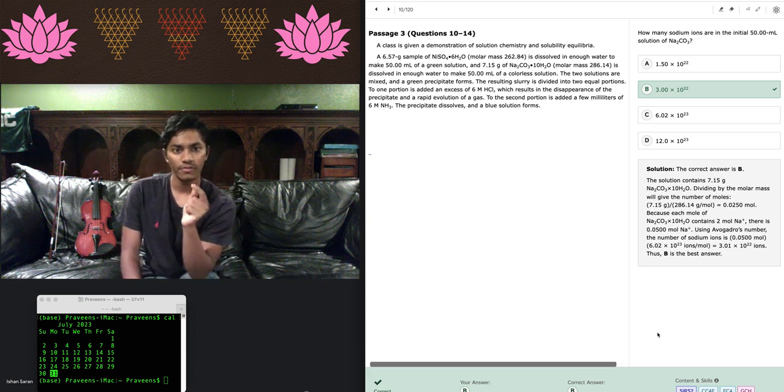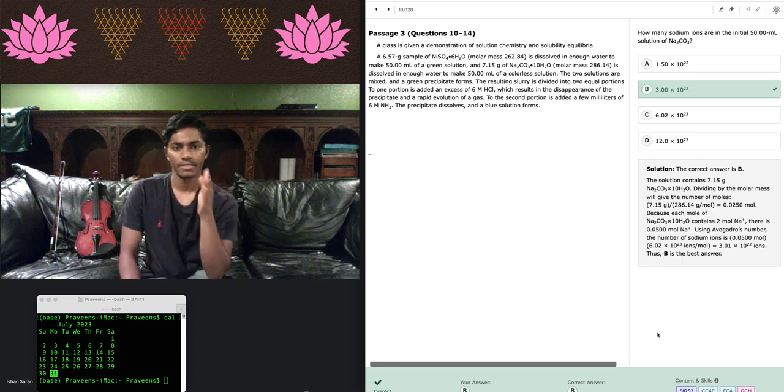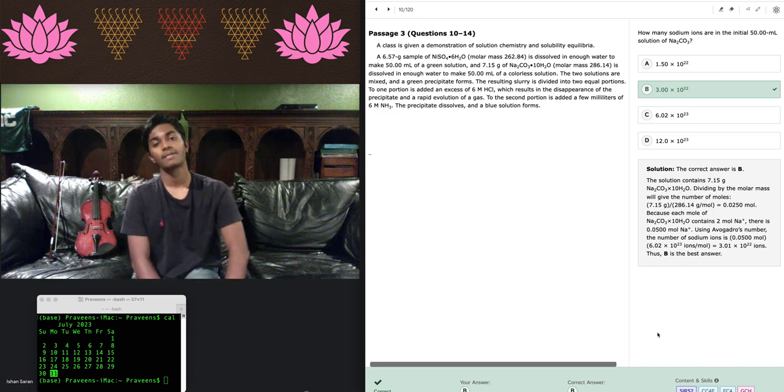So if I imagine the initial 50 milliliter solution of Na2CO3 has 7.15 grams of the complex with a molar mass of 286.14. I'm going to use dimensional analysis here, and I'm going to say it in words and assume that the math checks out without actually working it through.